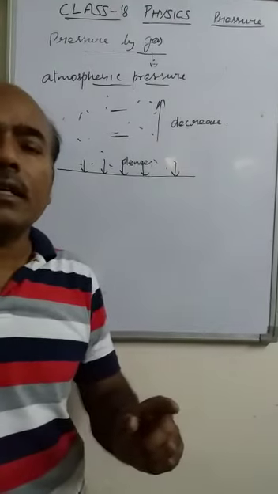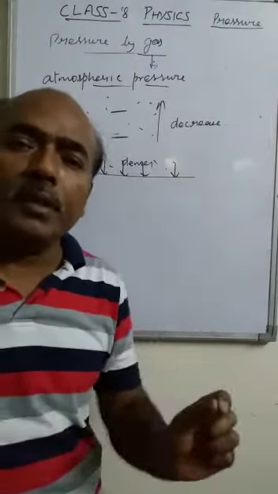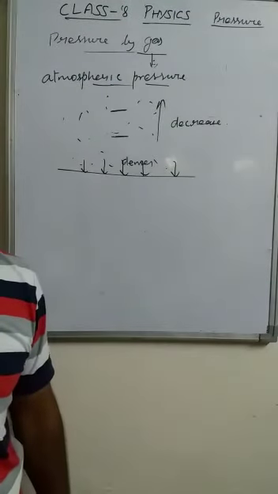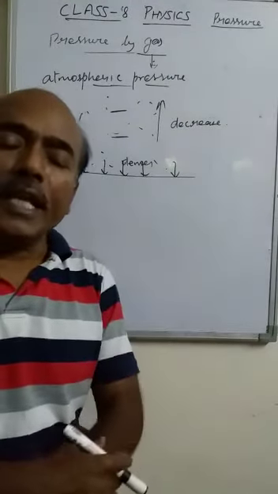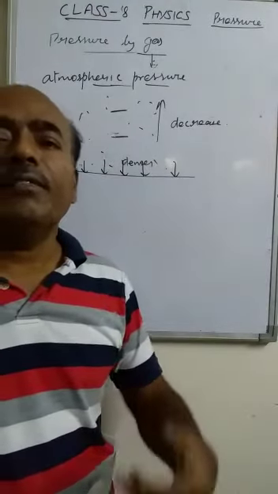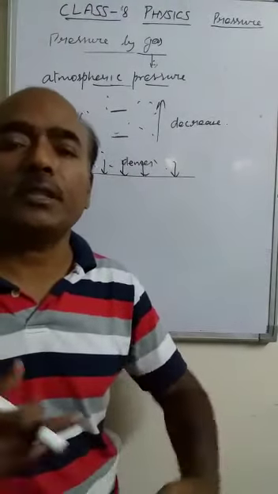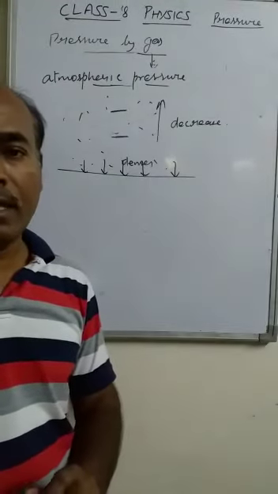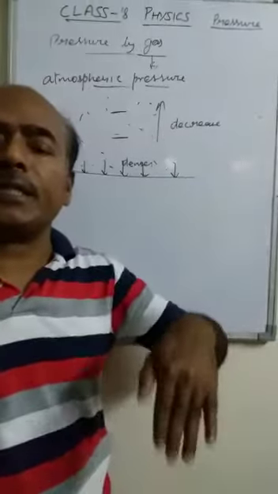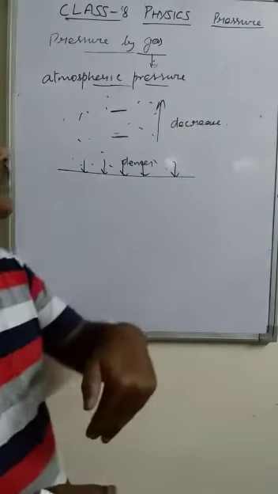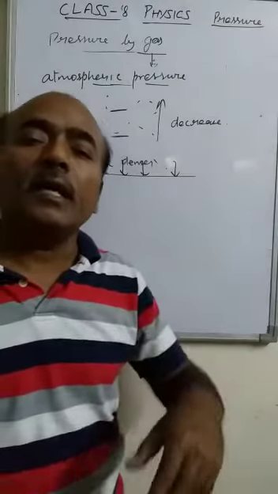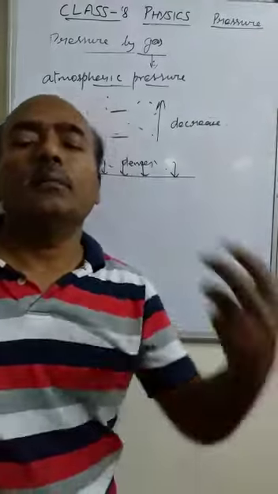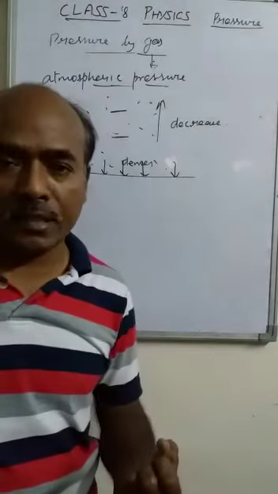But normally we people don't feel that much pressure. It is because in the human body also we have some pressure due to the circulation of blood, that is called blood pressure. We are not feeling the atmospheric pressure because it is counterbalanced by the pressure due to blood circulation, that is blood pressure.